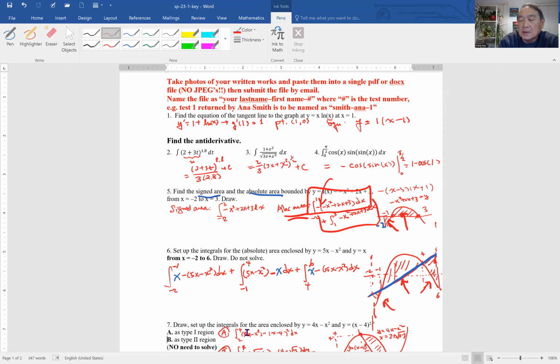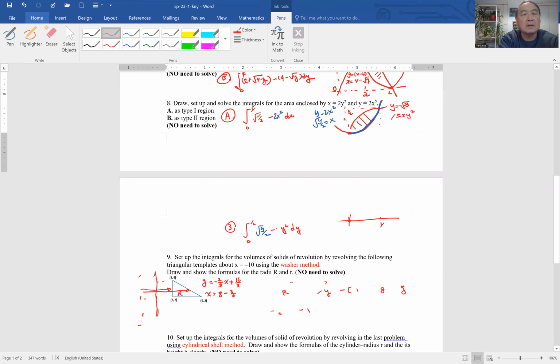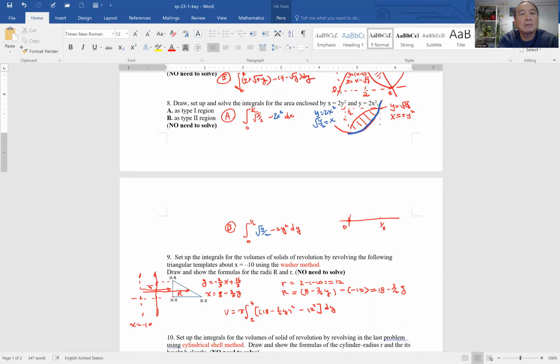Then number 7. From here on, one of the exercises you have to be able to do is draw parabolas, second degree equations, without much problem.